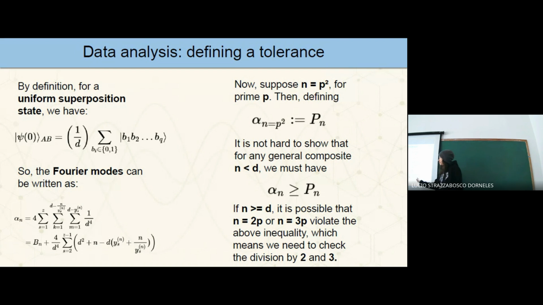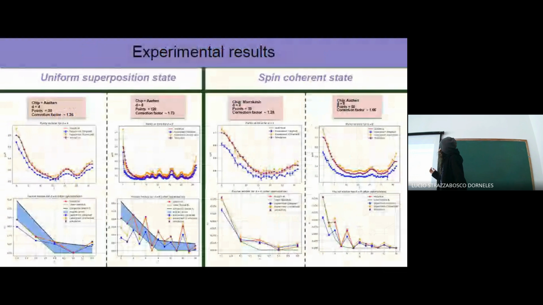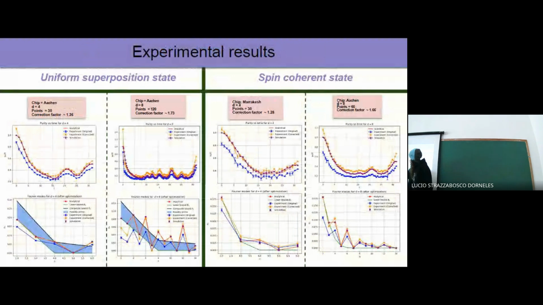There is some minor detail that for n bigger than t, some integers such as 2 times a prime number, 3 times a prime number, can violate, but no other integer can violate. So in practice, we have a lower bound for composite numbers. As you can see, this is in fact what we show here.